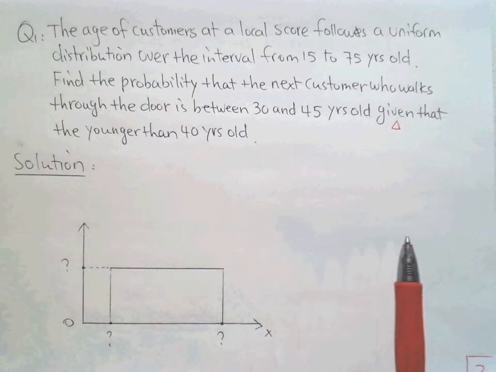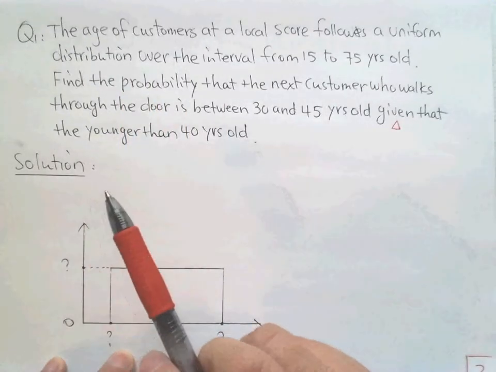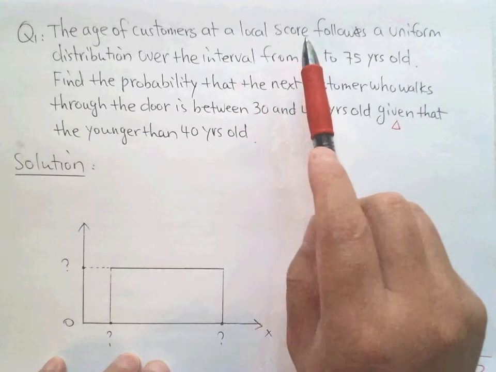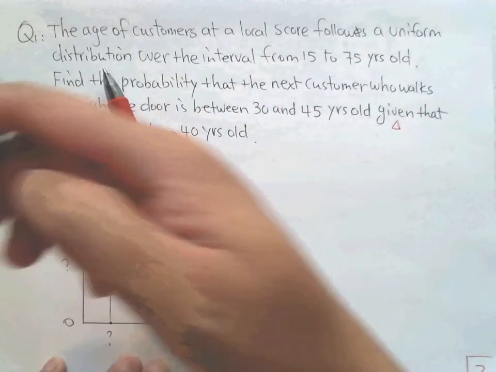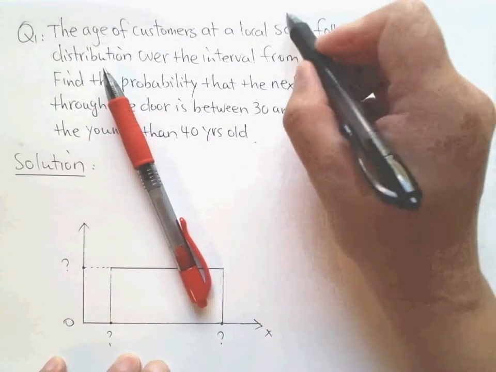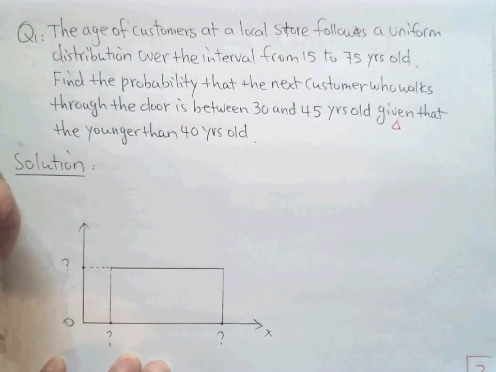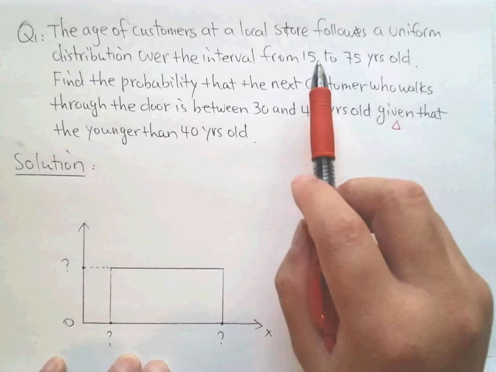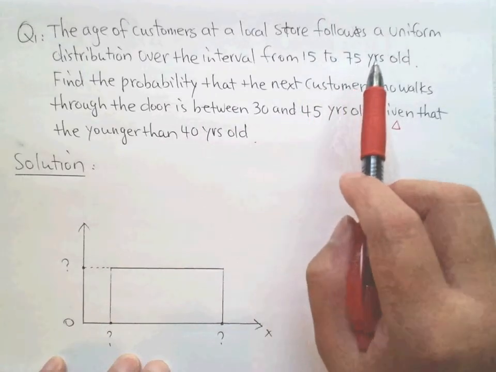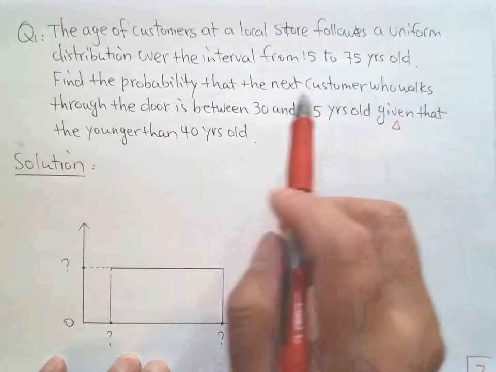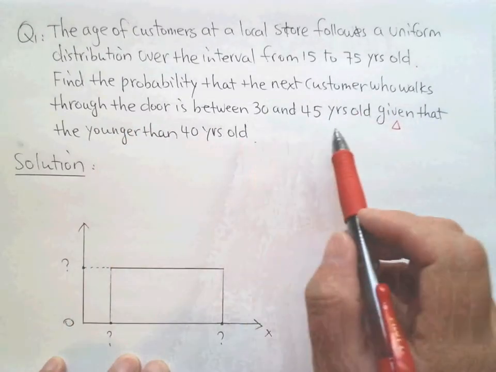It's still similar to the questions we did before. The age of a customer at the local store follows a uniform distribution over the interval from 15 to 75 years old. Find the probability the next customer who walks through the door is between... but be sure.